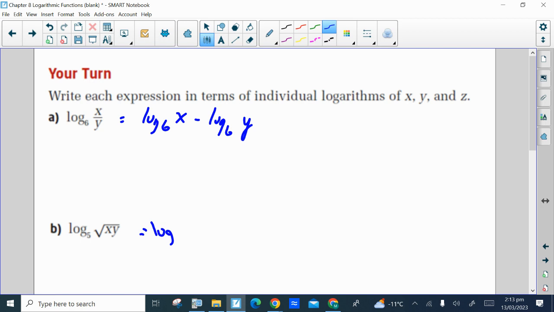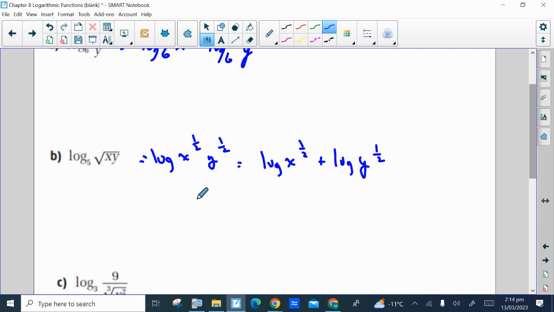For question B, that is the same thing as the log of x to the half times y to the half. And now we can use the product law of logs and say this is the log of x to the 1/2 plus the log of y to the 1/2. And then the 1/2 would come out front using the power law.